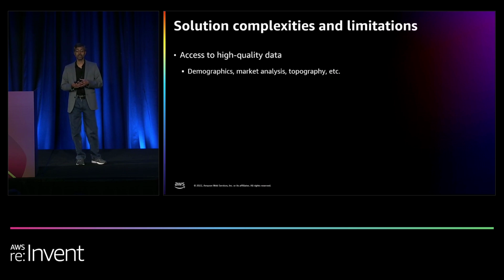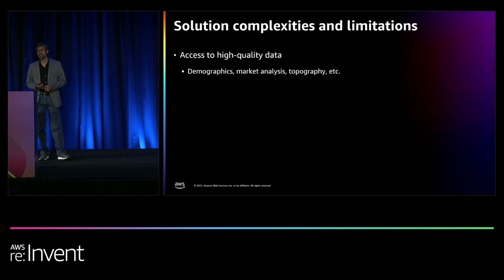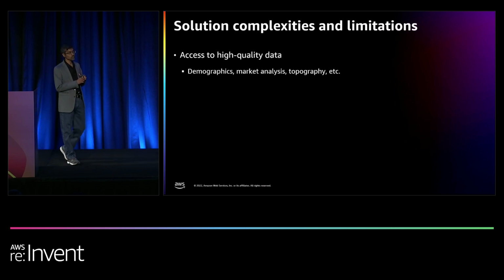But high quality of that data is going to be of extreme importance to you, whether it is the demographic data on what kind of employees you want to recruit, what kind of attributes you're looking for when you're doing the marketing for new recruitment drives, or the market analysis data that you have procured from outside, or the topography data, if that's applicable for your business.